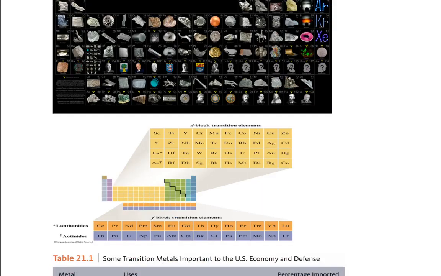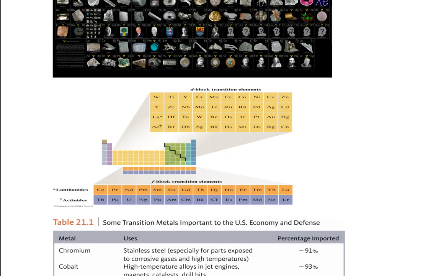Here's another periodic table shown in the middle, and we see the S block shown in gray and purple, the D block shown in gold and expanded above. We see the P block shown in green and blue, two shades of blue.